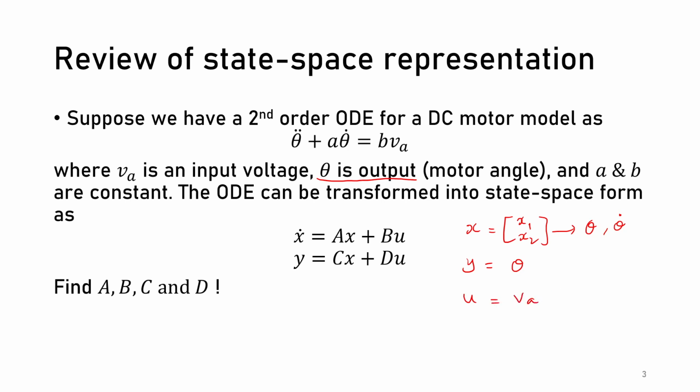So now you try yourself: how you introduce h1 and h2 related to theta and theta dot, and then find two equations in terms of h1 and h2. I can give more hints.